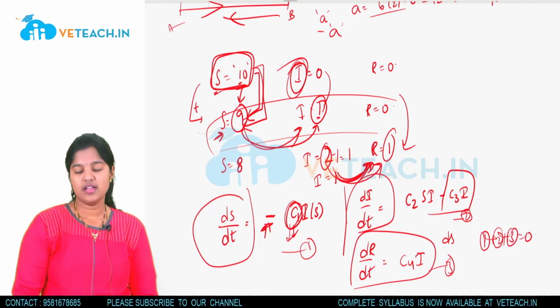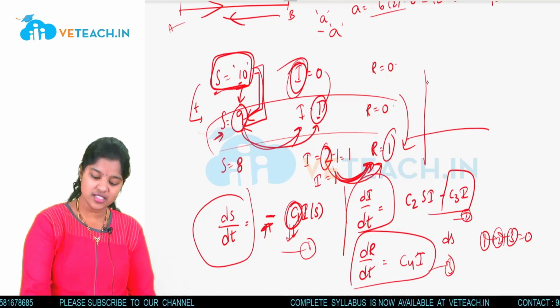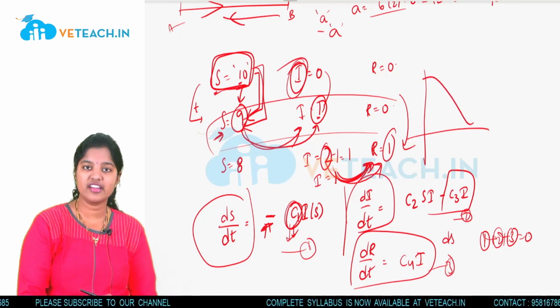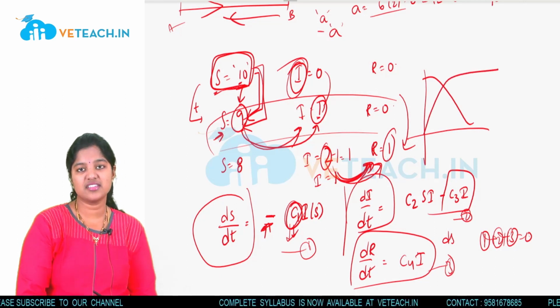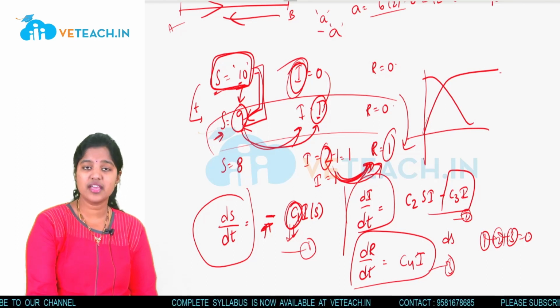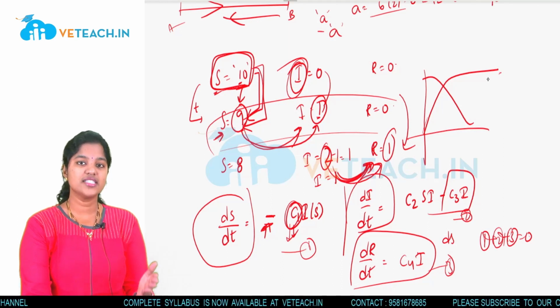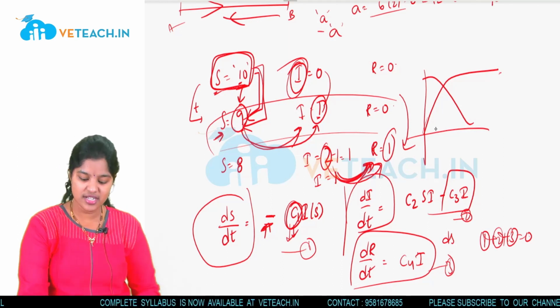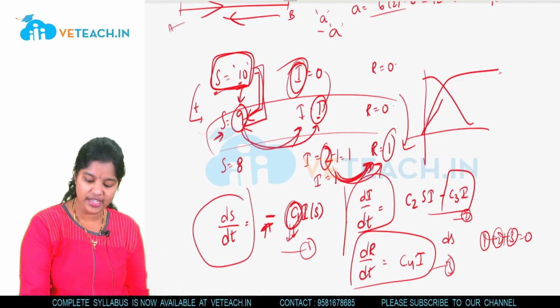Now this can be represented using graphs. The healthy persons keep on decreasing, the infected persons start from 0 and keep on increasing, and again attain a certain stable value depending on the values. The graph need not be the same way; it varies according to the values. That's what I said, differentiation is applied when a quantity varies. The recovery persons start from 0 and slowly increase.